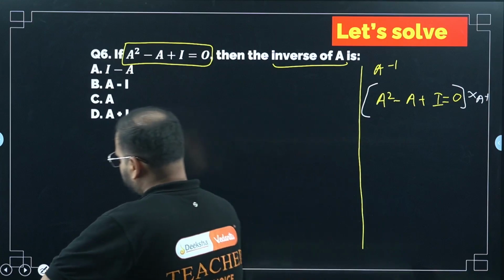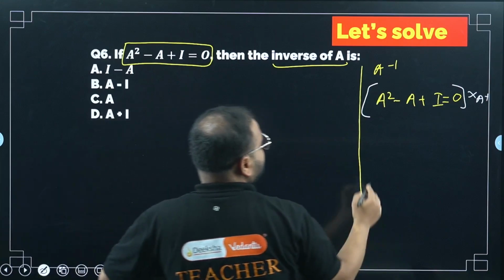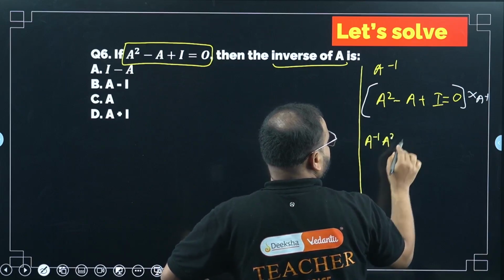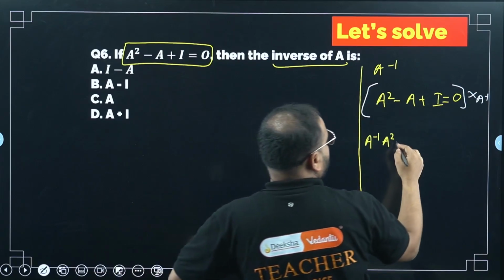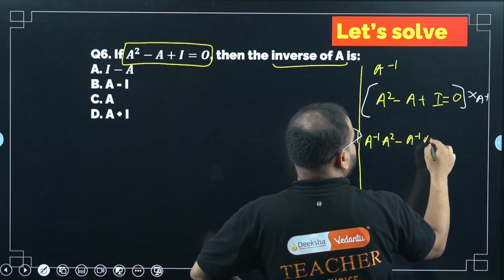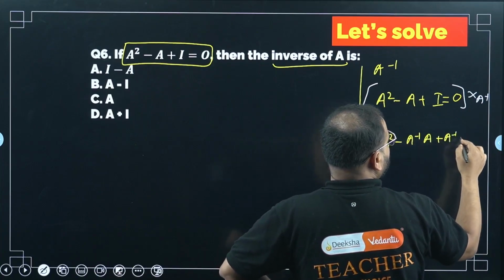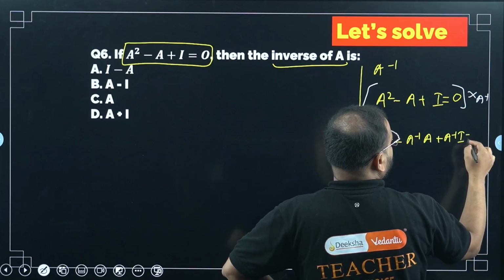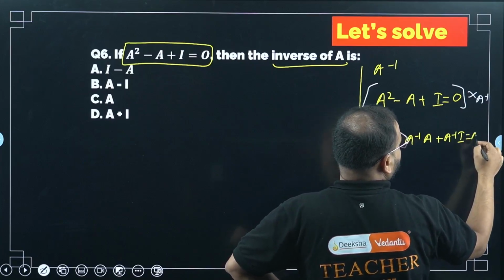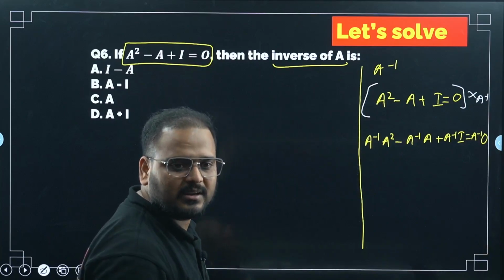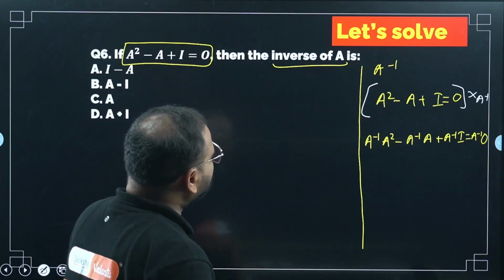How will that look? Check here. I'll get A inverse into A square minus A inverse times A plus A inverse times I equals A inverse times null matrix. Is it clear? Okay, let me write it here again.